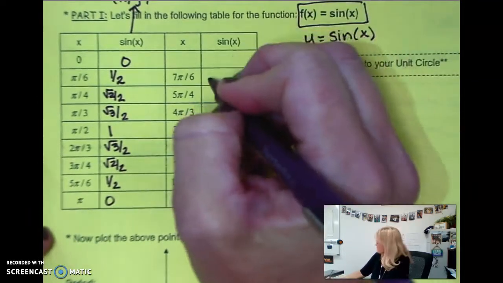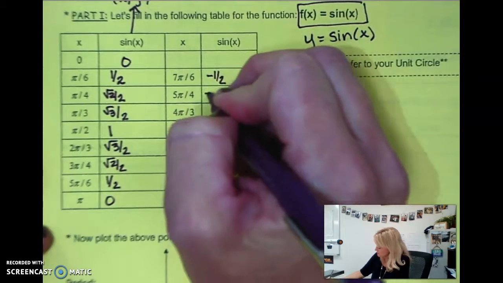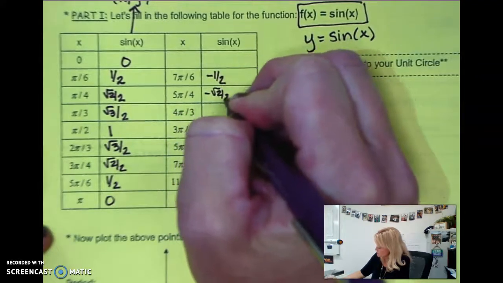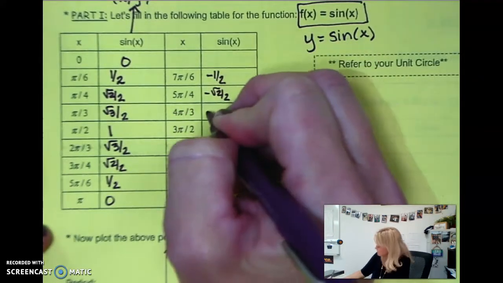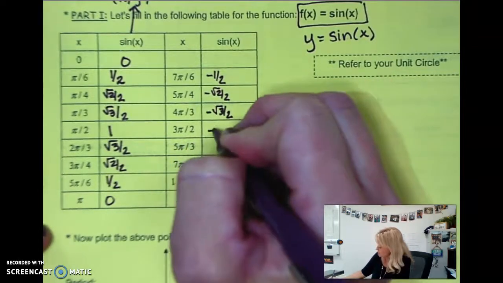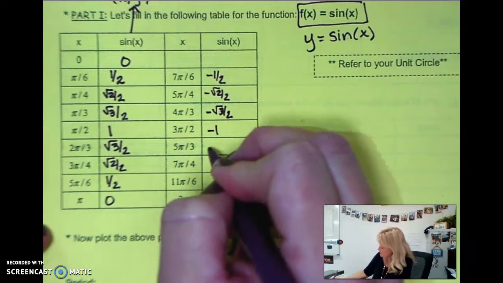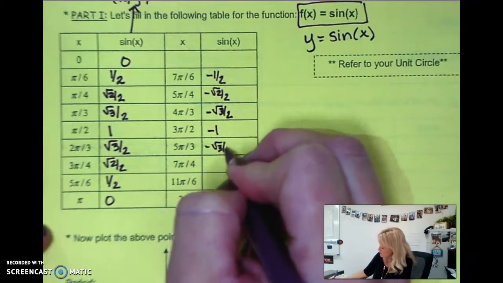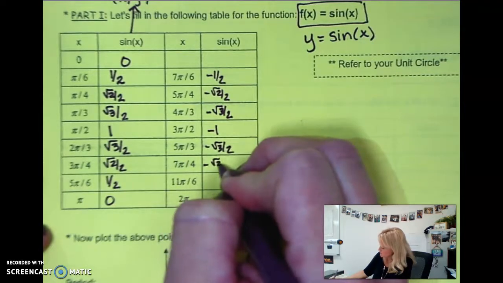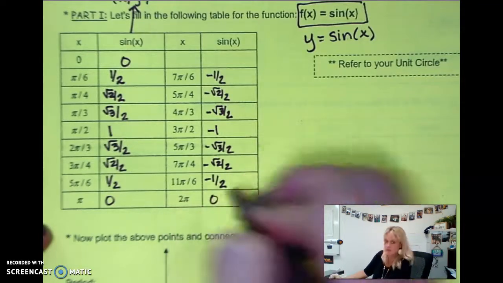When we get to 7 pi over 6, we're at negative 1/2, negative square root 2 over 2, negative square root 3 over 2, negative 1, and our y values at 5 pi over 3 are square root 3 over 2, negative square root 2 over 2, negative 1/2, and back to 0.